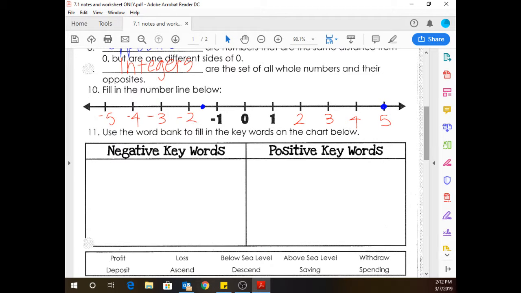All right. I want you to plot the best you can. This one's not going to be perfect. I want you to plot -2 and 3/4.